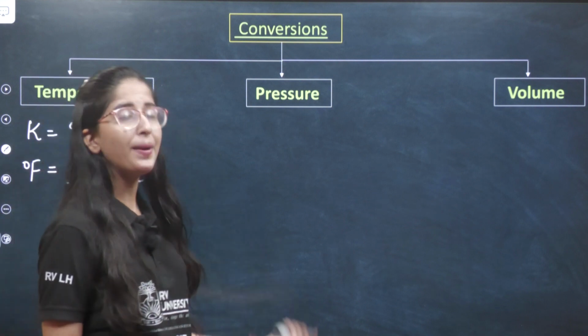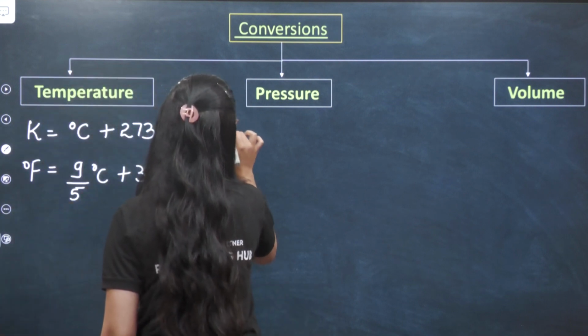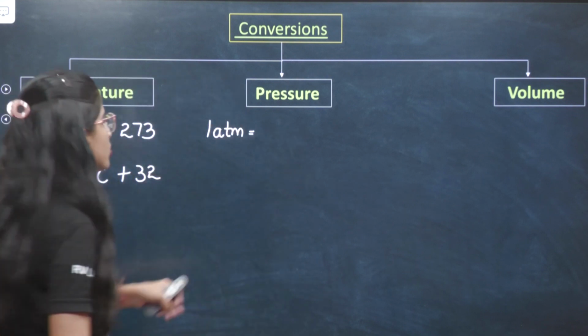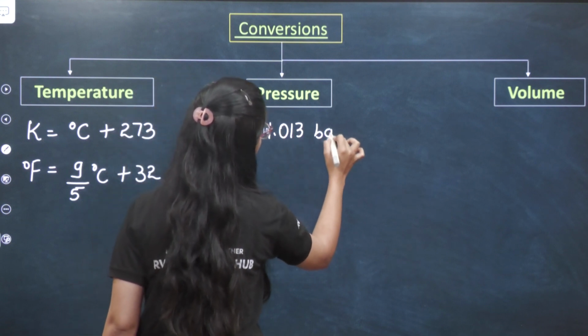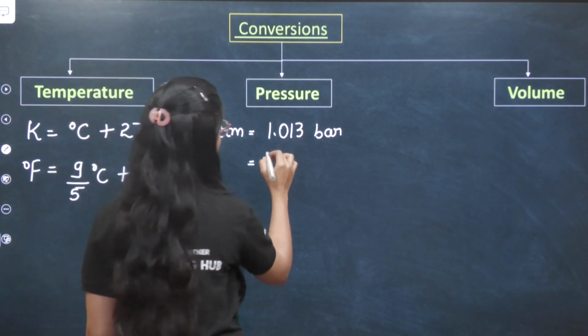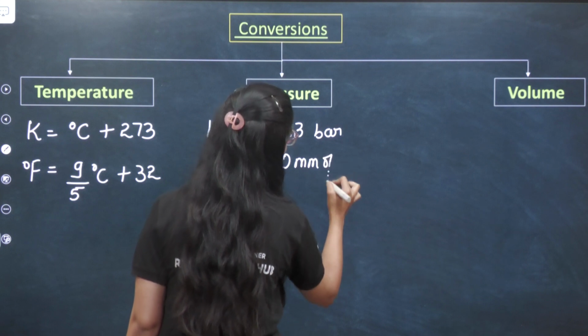Next, when it comes to pressure, you might expect to convert 1 atmosphere into 1.013 bar. If not in bar, mm of Hg you can expect, that is 760 mm of Hg.